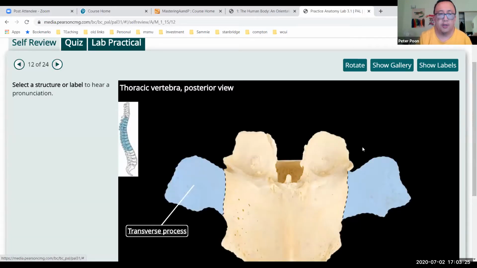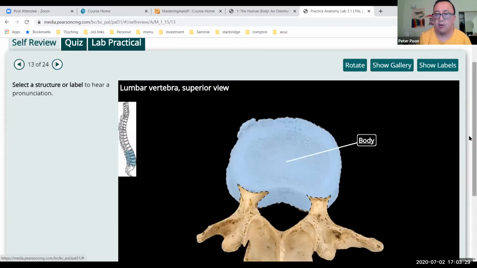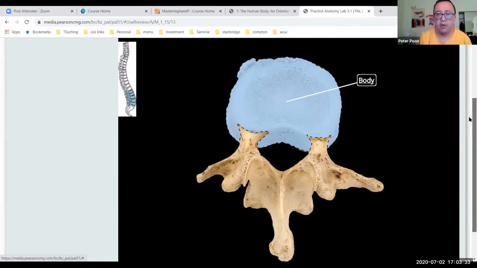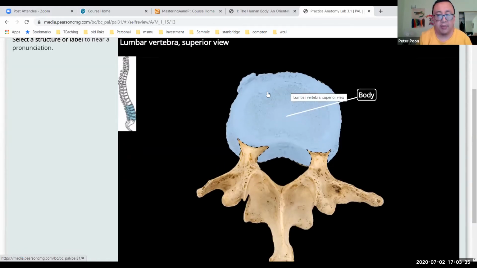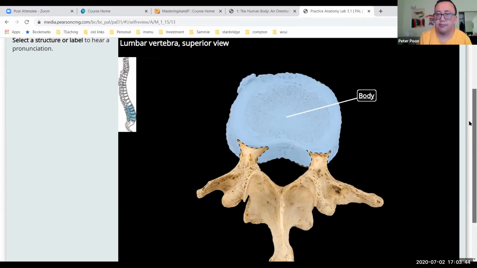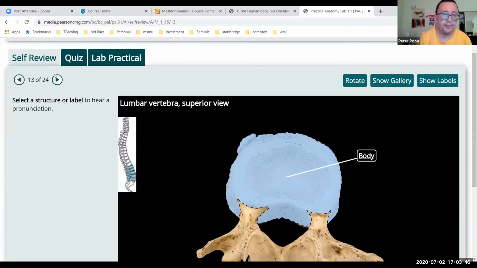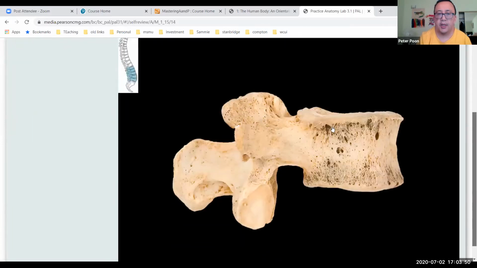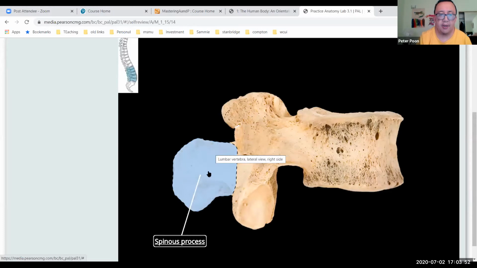This is lumbar. Let me find a better view. Lumbar, the body is bigger. Instead of looking heart shaped, the body looks kidney shaped. Here you can see the spinous process is much bigger, much straighter.